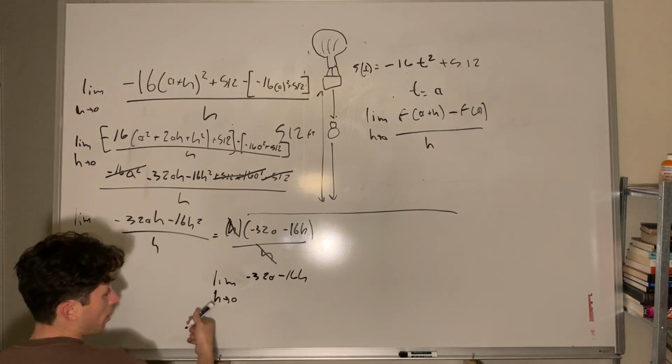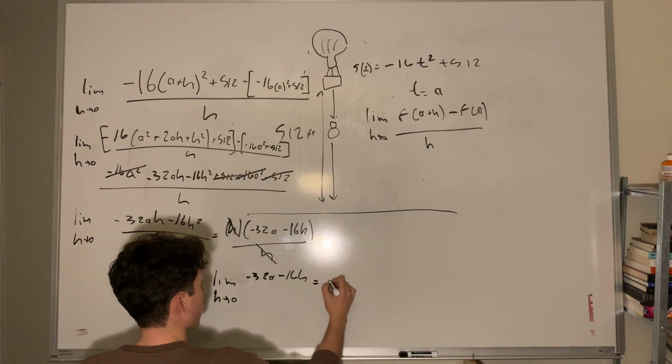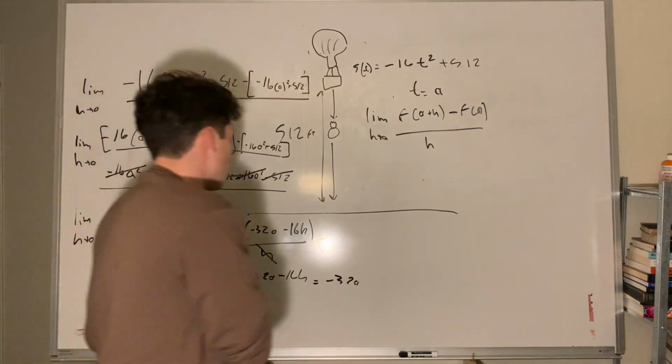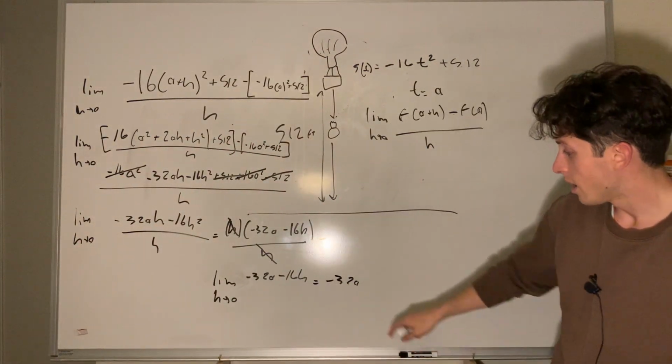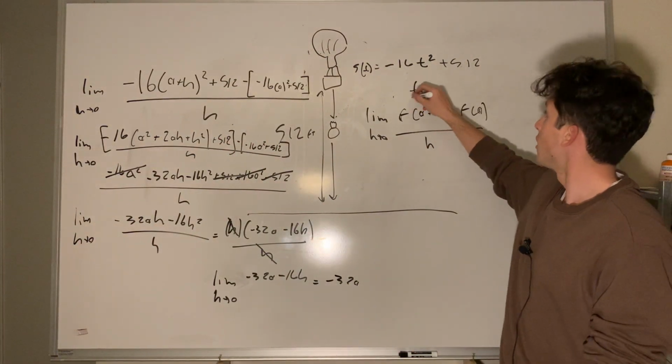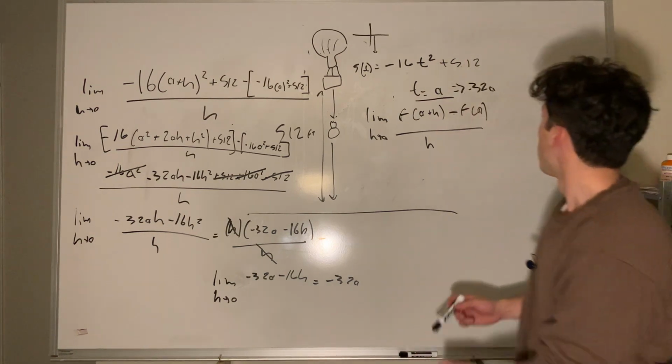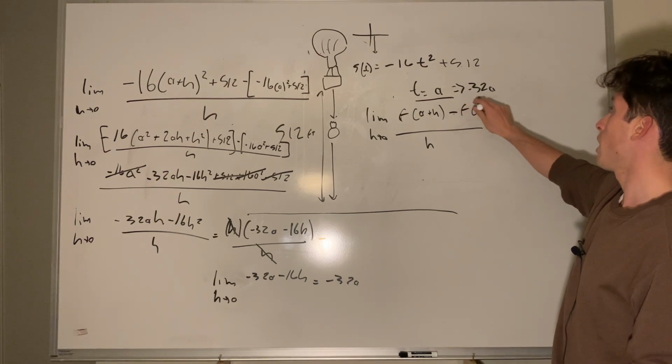So now if we approach the limit, we get minus 32a. So that's our velocity. That's the velocity of the bag at time a, equals minus 32a. So why is the velocity at time a negative?